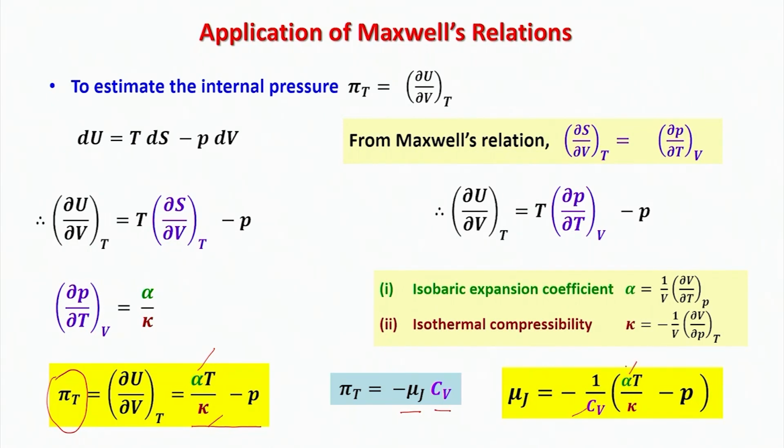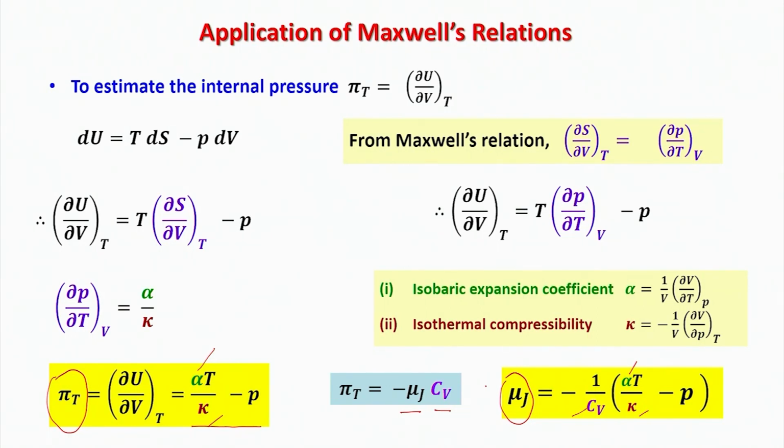Do I know the alpha and kappa of the system? Then, if the system is present at a given temperature and pressure, I can very easily find out what the Joule's coefficient of this system is.